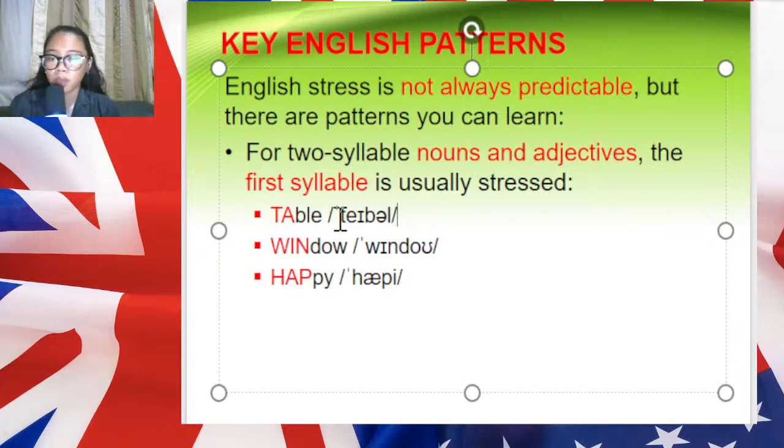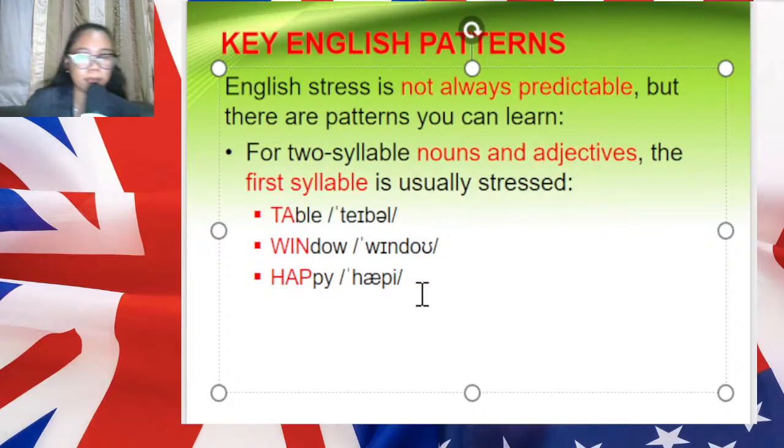Anyway, as you've noticed, there's an apostrophe right before the whole transcription, because the apostrophe here, everyone, is a guide to the stressed syllable.